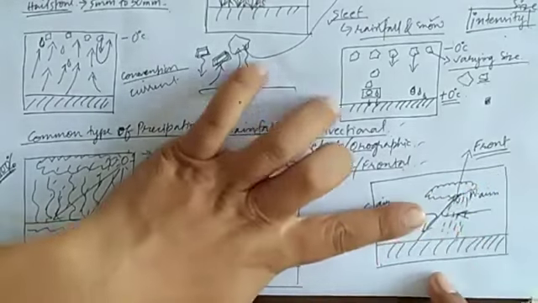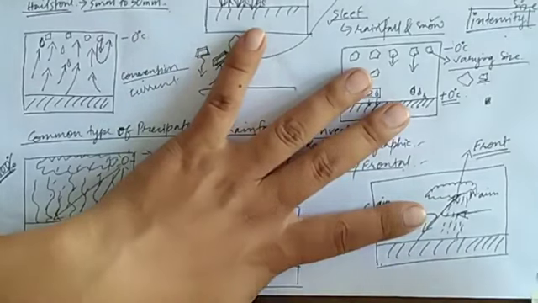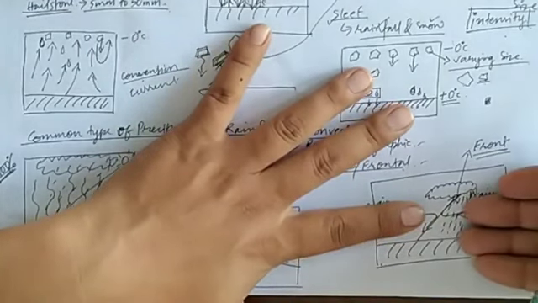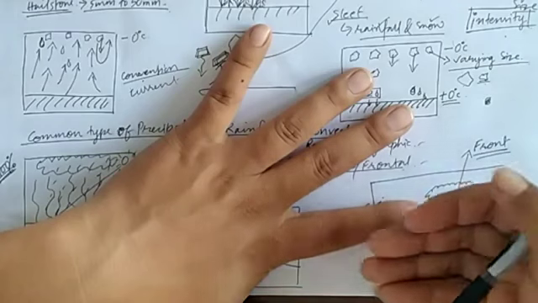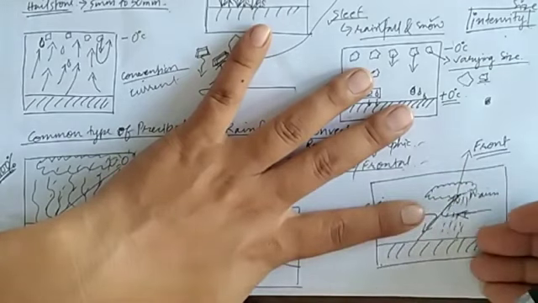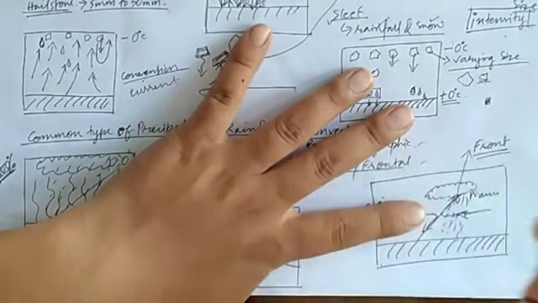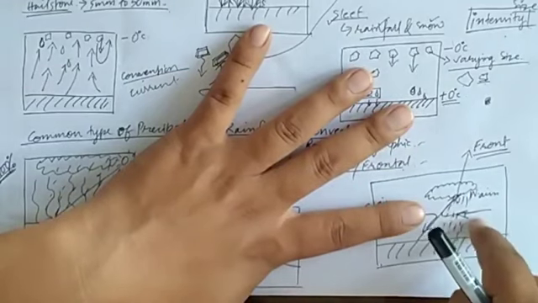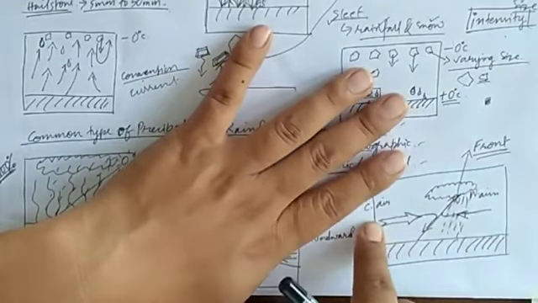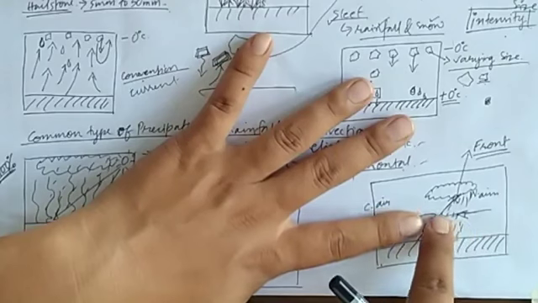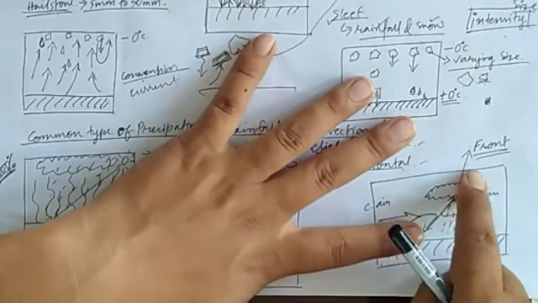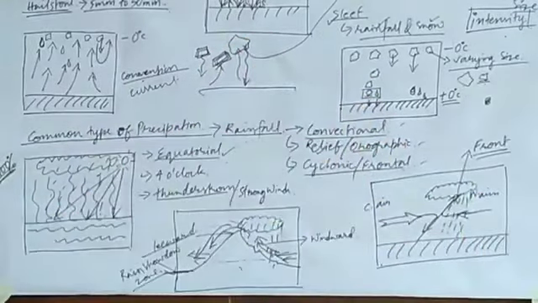Now in case the cold air mass was not present over there, then the warm air mass would have eventually blown parallel to the earth's surface, and no rainfall would have occurred, isn't it? But here, due to the presence of the cold air mass, the warm air mass is forced to rise along the slope of the front, and finally rainfall also occurs.